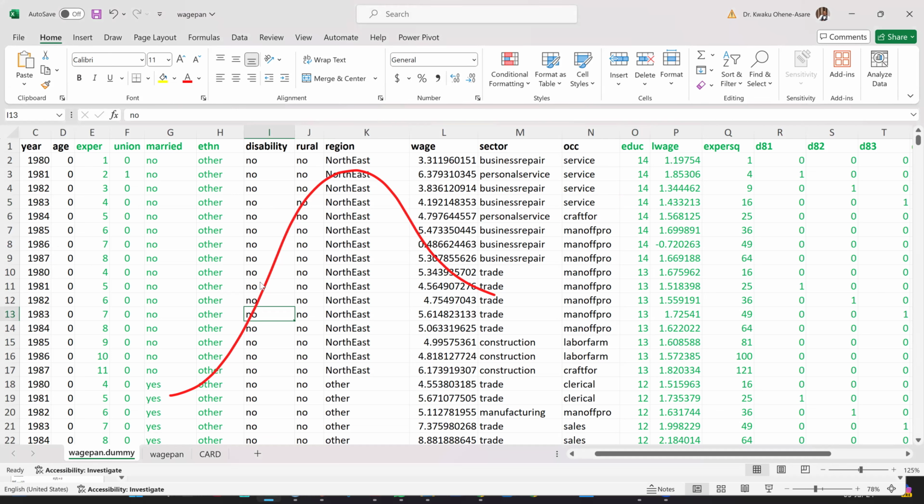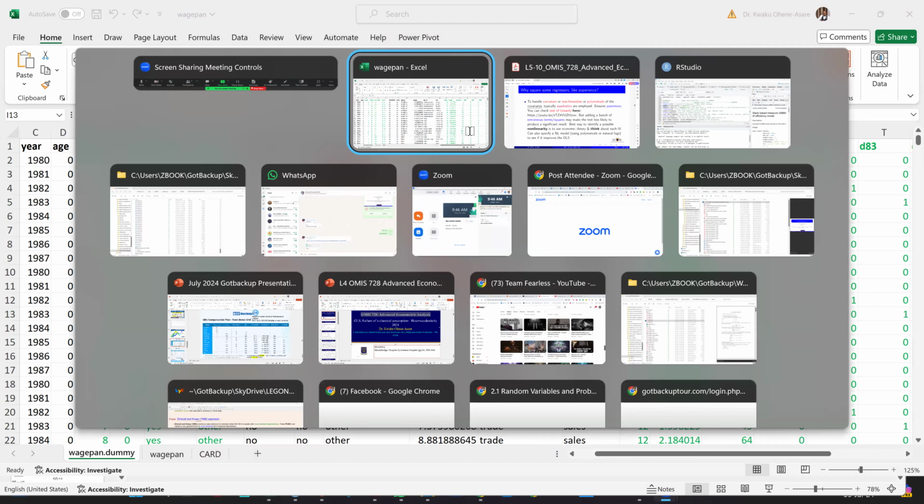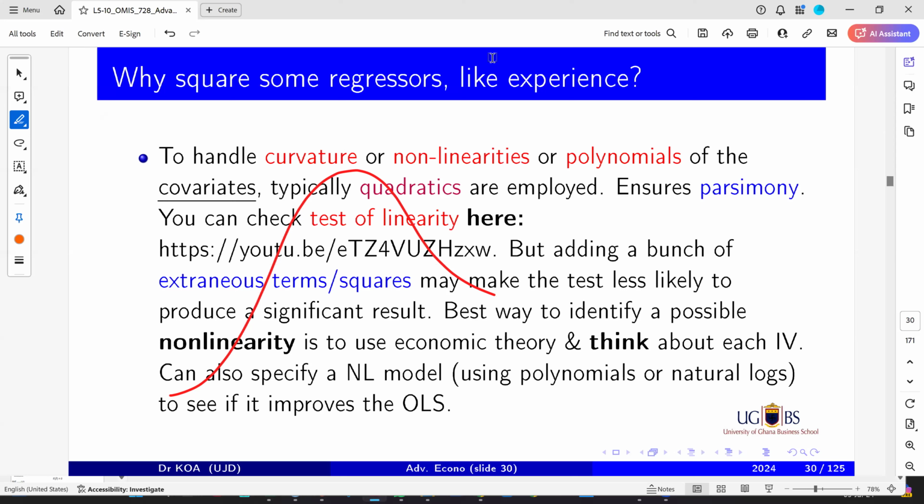You will notice that for this variable, experience, we have been able to take the log of it. There's a beautiful video on how to check for parsimony, normality and linearity; I'll put it here, you can check it later.